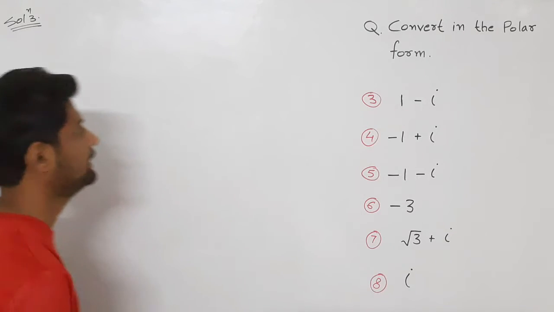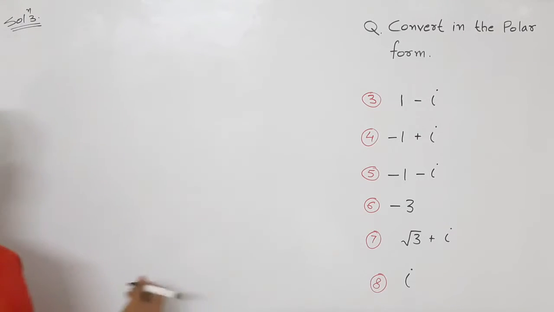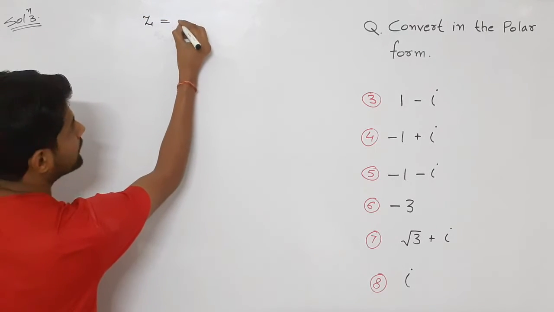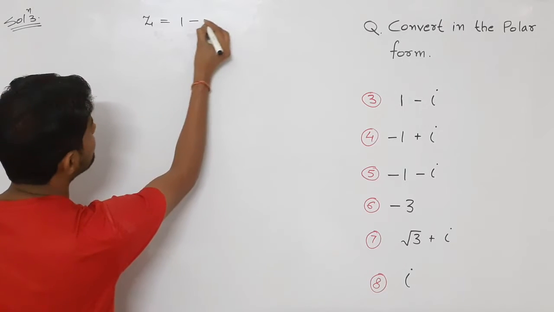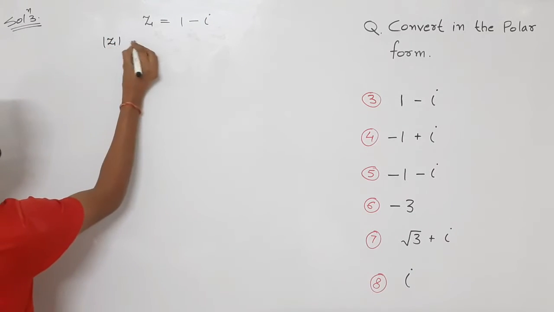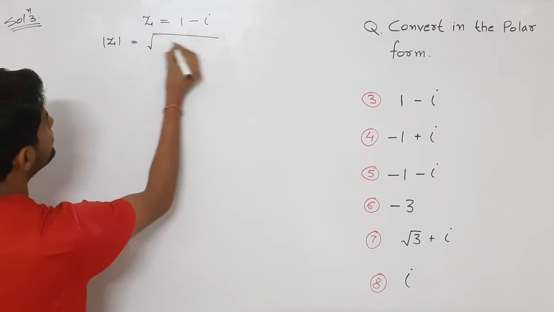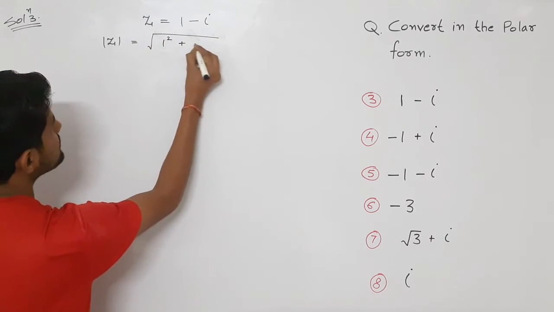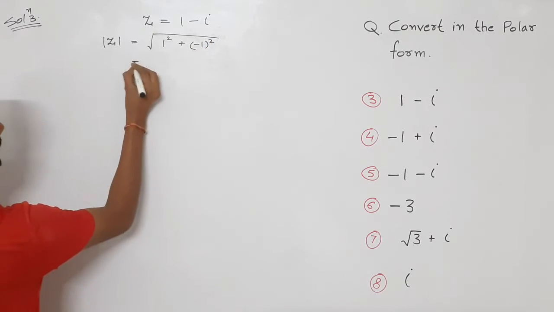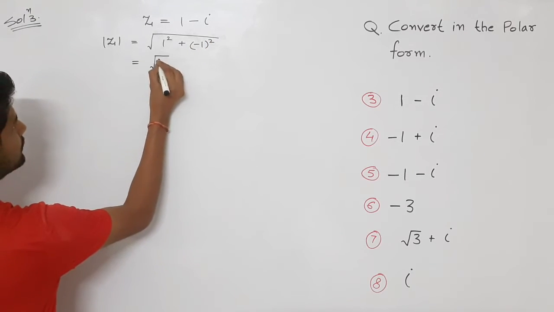After that I can write any complex number in polar form. So first of all we have to find out mod of that complex number, and complex number is 1 minus iota, and mod of this complex number will be under root 1 square plus minus 1 square, right? And this is equals to under root 2.